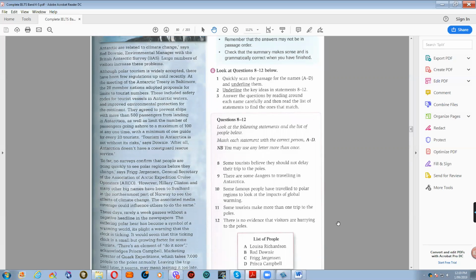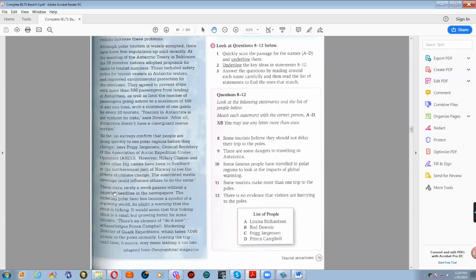Fred Jorgensen. That should be easy to find, but watch me go straight past it. Yeah, I see it here. Okay. Prissa Campbell. Yeah, I see it.